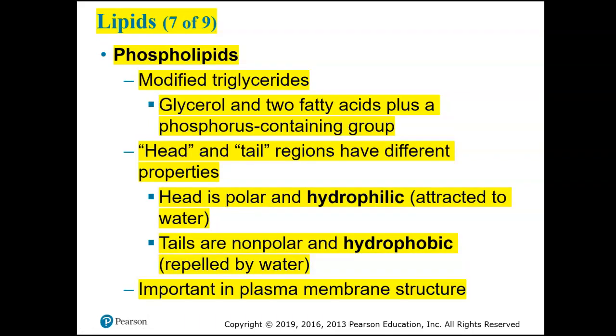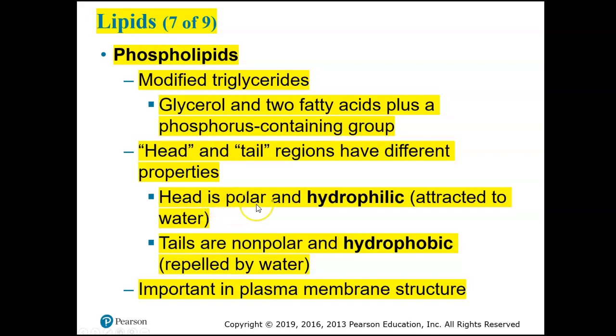All right, another example of a lipid is a phospholipid, and that's a modified triglyceride. So it's just a glycerol and only two fatty acids, and then a phosphorus-containing group attached. Phospholipids have a head and tail region. The head is the portion that contains the phosphate group.